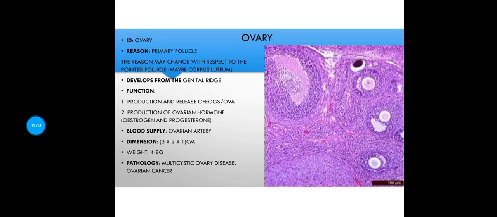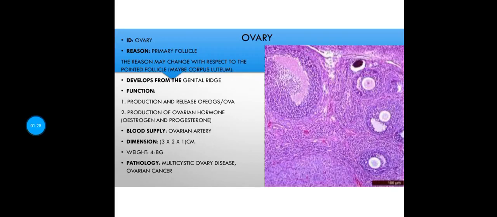The reason for identifying the ovary includes the primary follicle, which is the major reason. This might change with respect to the pointed follicle, which may be the corpus luteum. The corpus luteum is an ovarian follicle that has released its ovum.